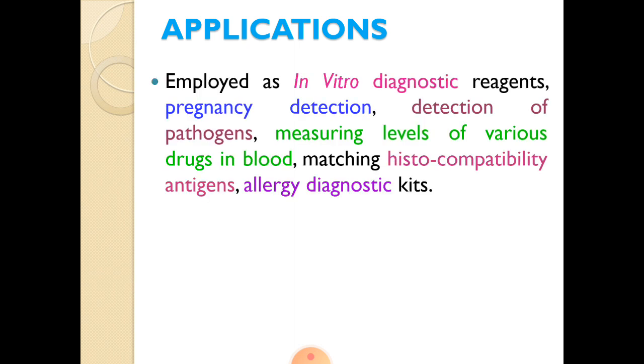Now students, after knowing how the monoclonal antibodies are synthesized, it is time for us to know their applicative values. They are employed as in vitro diagnostic reagents in pregnancy detection, detection of pathogens, measuring levels of various drugs in blood, matching histocompatibility antigens, and allergy diagnostic kits.